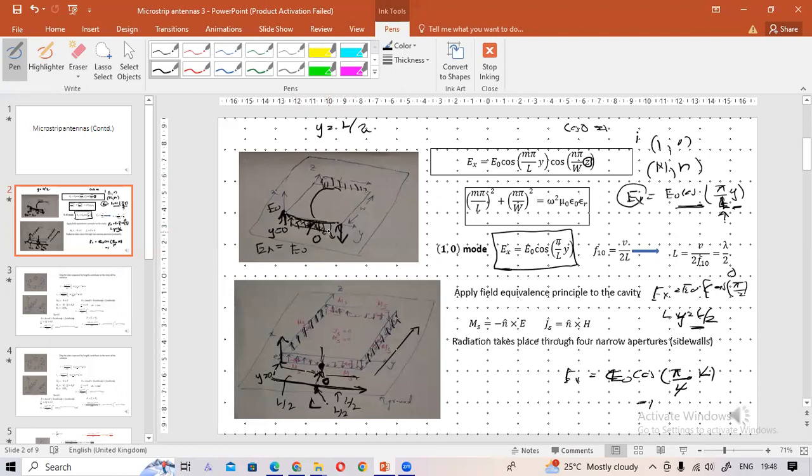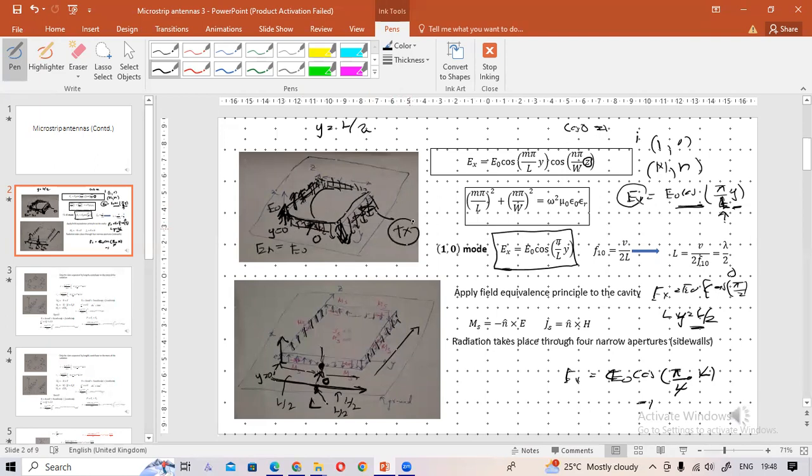So on this wall and this wall the E field is changing, but on this wall and this wall the E field is not changing. It is a constant. So the E field will not change on these, and from these walls there is no transmission.